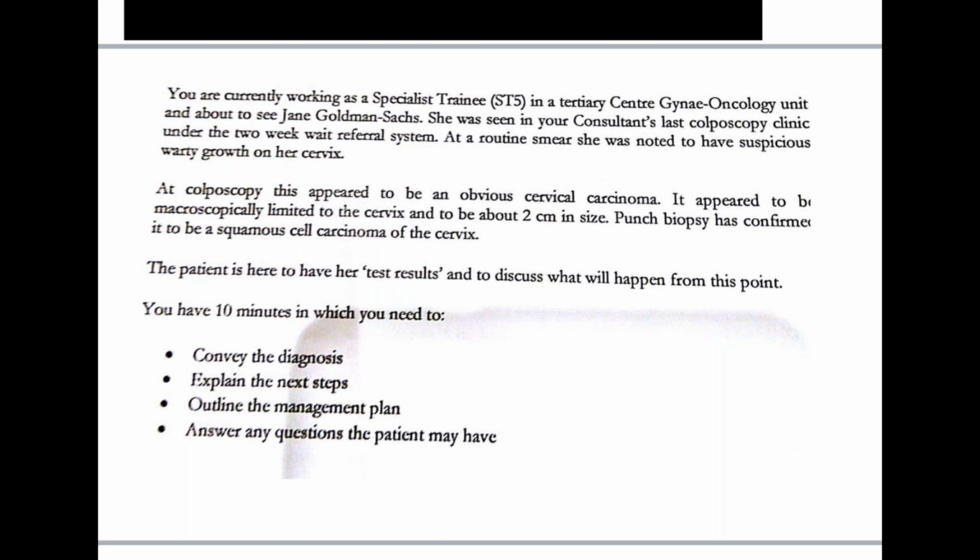We can do it either from an external device, putting it on your tummy from outside, and this has to deliver high radiation to your pelvis to kill the cancer cells. Or we can put an internal device from down below, which is called a vaginal implant, and this also can radiate to the cancer cells from inside.